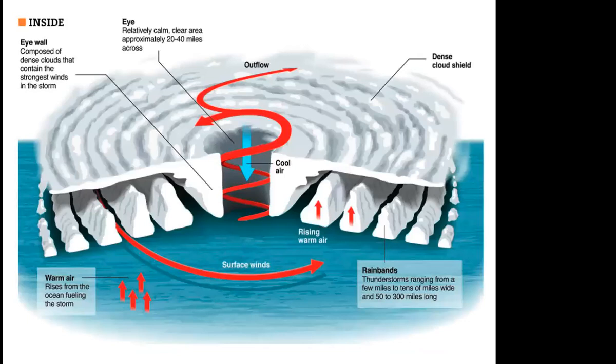So here is a picture that kind of goes over the formation of the hurricane. It shows you the inside of the hurricane. So when there's talk of a hurricane, the big word that they like to use is the eye, right?